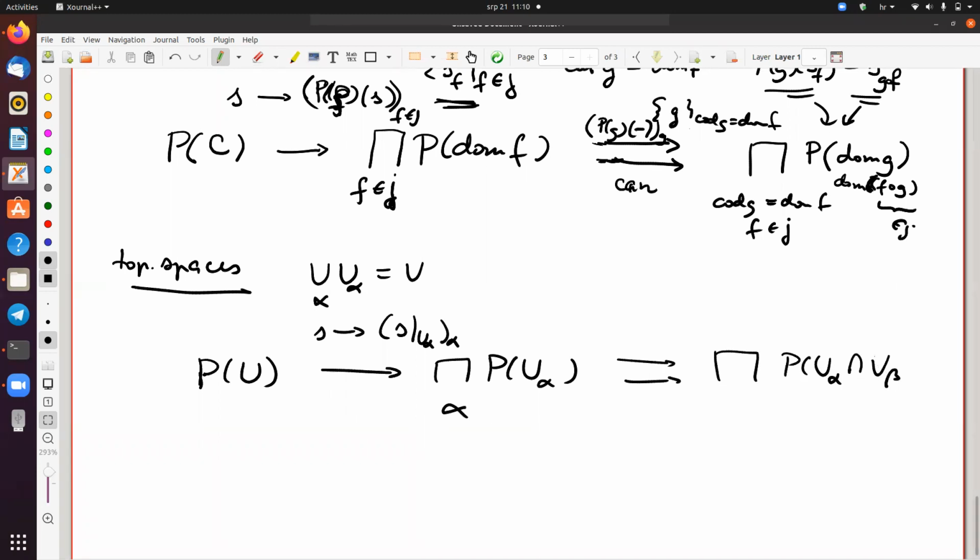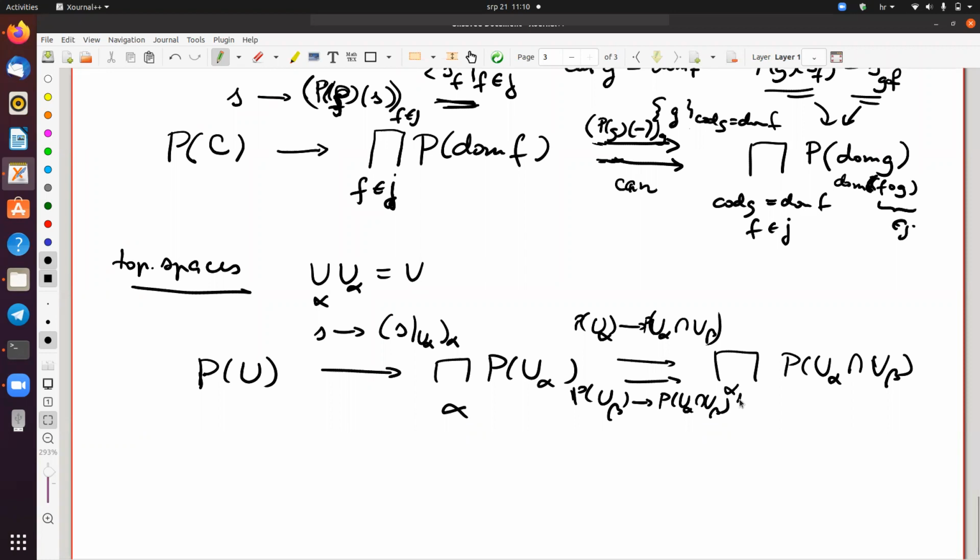and then you take the product of U alpha intersection U beta. On one side, you will have restrictions from U alpha to U alpha intersection U beta, and on the other, from U beta, P of U beta to P of U alpha intersection U beta. So they induce maps, and these maps have to agree.